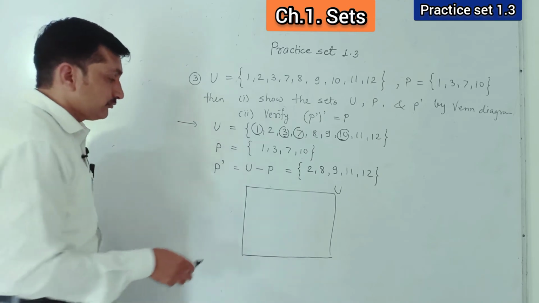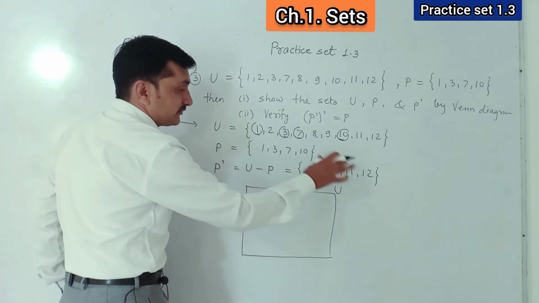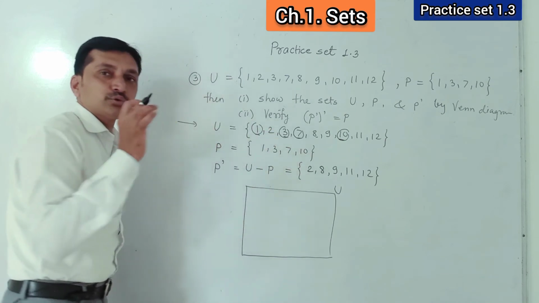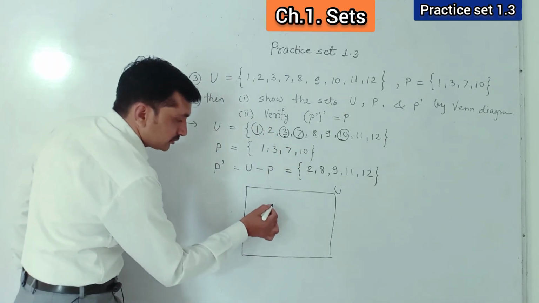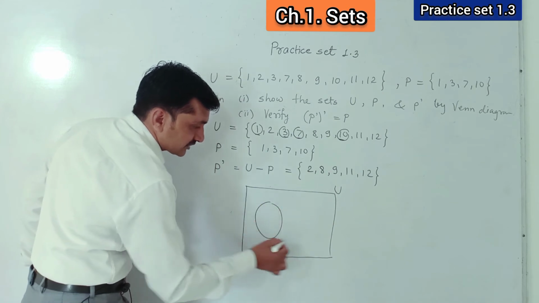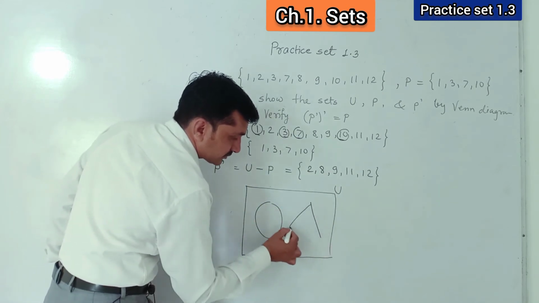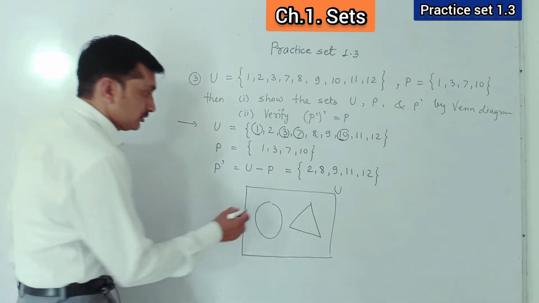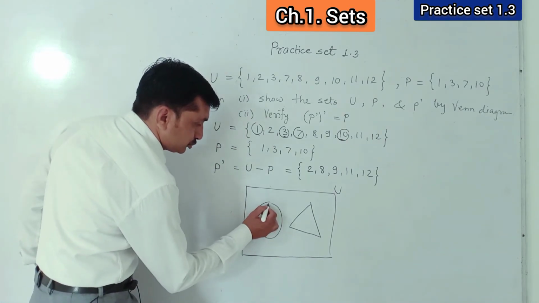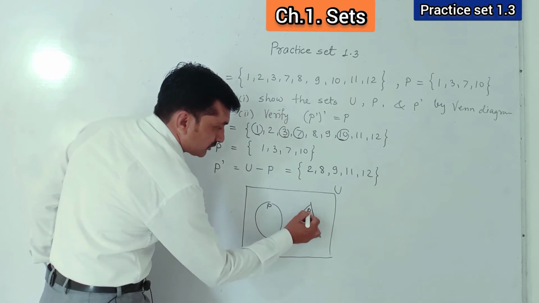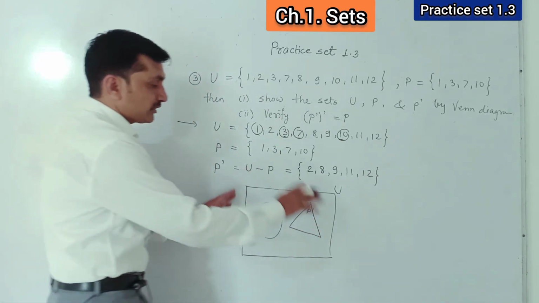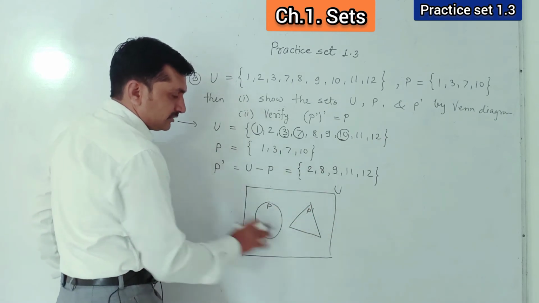When there is not a single common element, then one diagram is separate and the second is another figure you can draw. Separate figures. Here you write P and here P complement. Both together will come in the rectangle only.